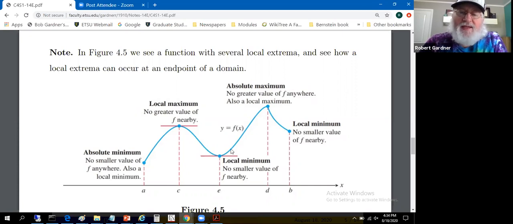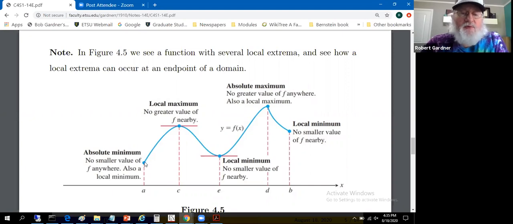Now it gets lower than that somewhere else, but it's a local minimum. Over here, same story. It's a local minimum because nearby, that would be x values greater than or equal to a, because this is a left-hand endpoint of the domain. The function doesn't go below this nearby. So it's a local minimum.